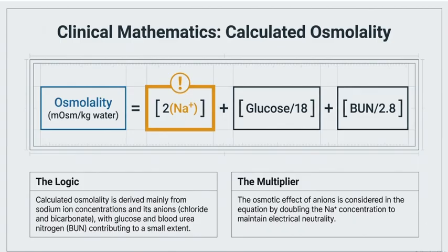Why is sodium doubled? Sodium is paired with anions, chloride and bicarbonate, so we multiply by 2 to reflect the total osmotic contribution. BUN is included, but remember it is an ineffective osmole.